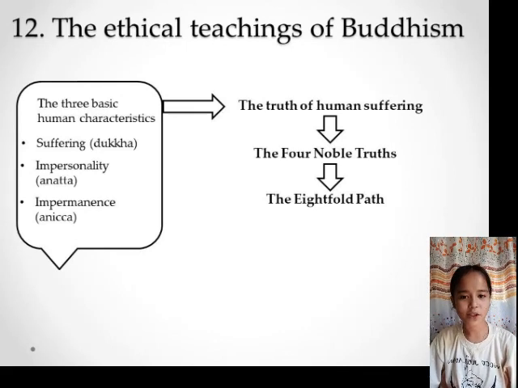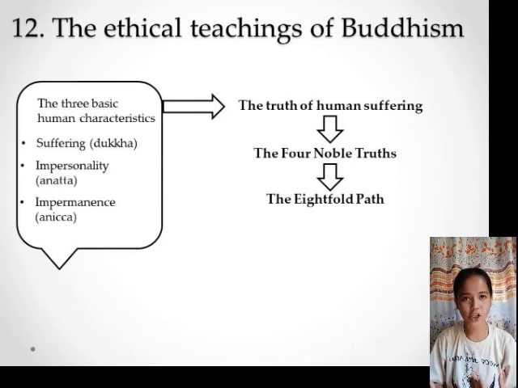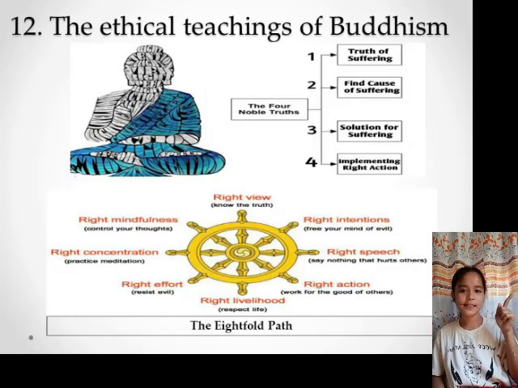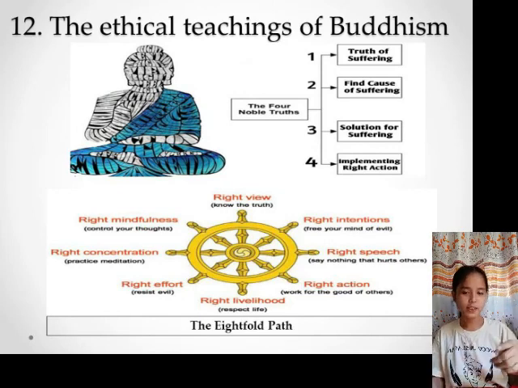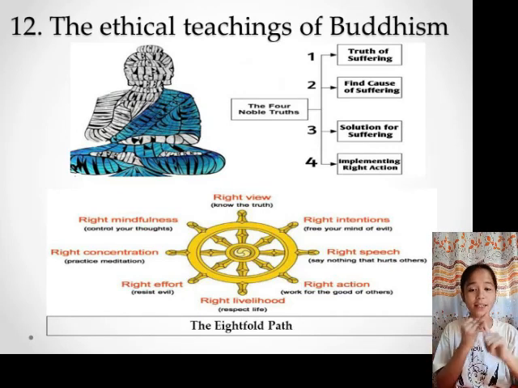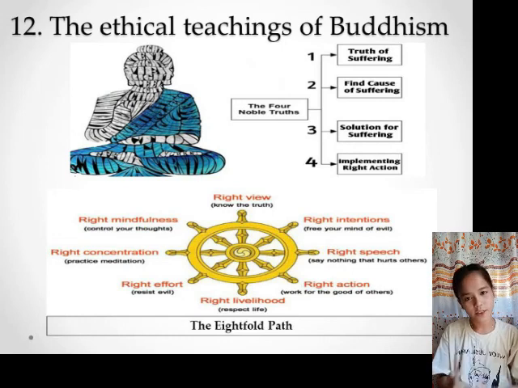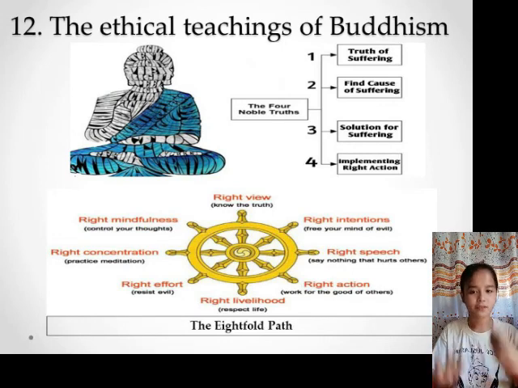These three basic human characteristics constitute the truth of human suffering. To annihilate the suffering, Buddha taught the four noble truths, and the continuum of these noble truths is the eightfold path, which will be tackled on the next slides. As you can see in the slides, the four noble truths are at the bottom: the truth of suffering, find the cause of the suffering, then the solution for the suffering, and lastly, implement the right action.